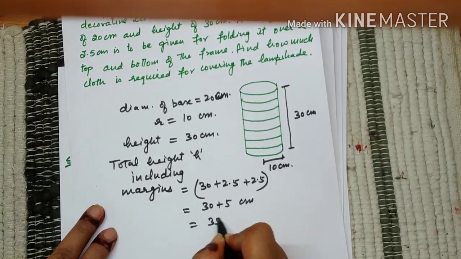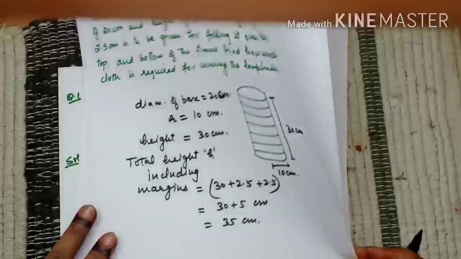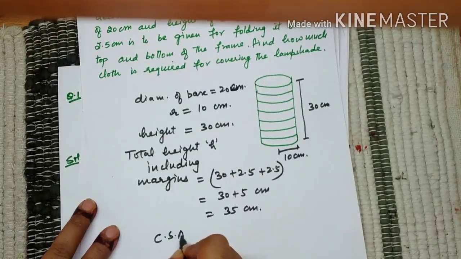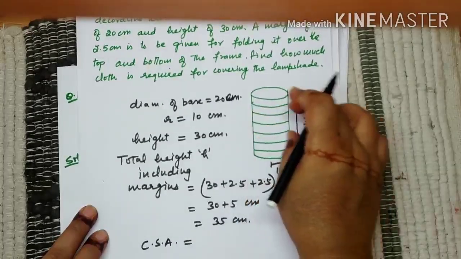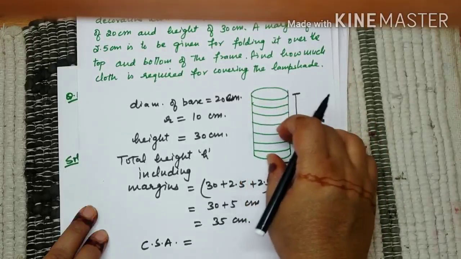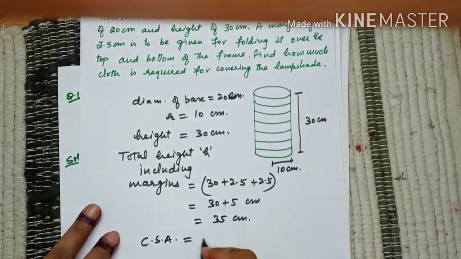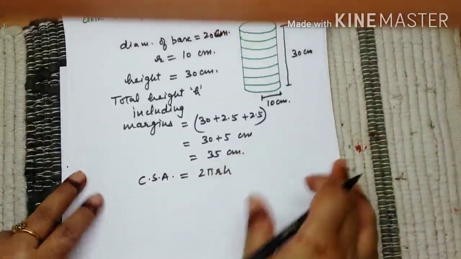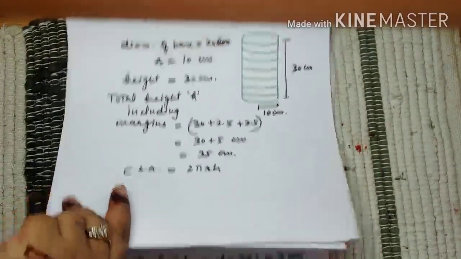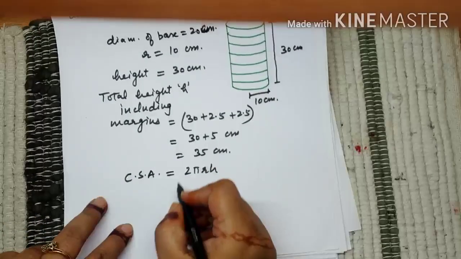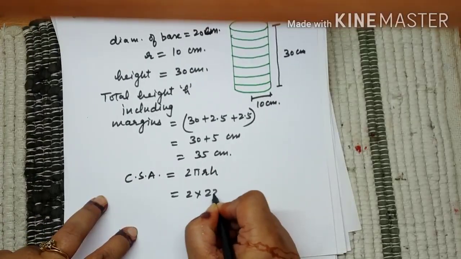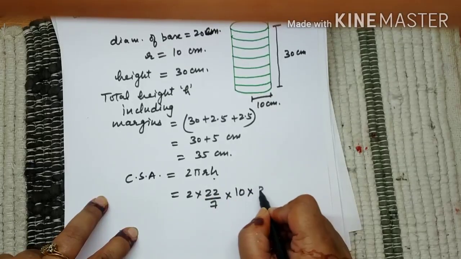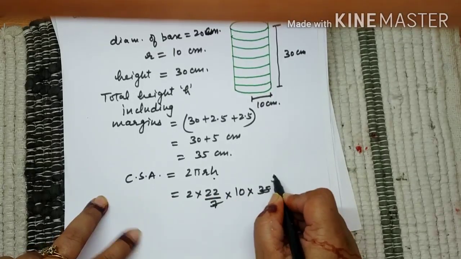This is 35 centimeter. Now the frame has only the curved surface, so I am finding out the curved surface area. The cloth is required to cover the curved surface. So curved surface area is 2πrh. Let's find out what it comes out. 2 into 22/7, radius is 10 and this h is 35. 7 5s are 35.